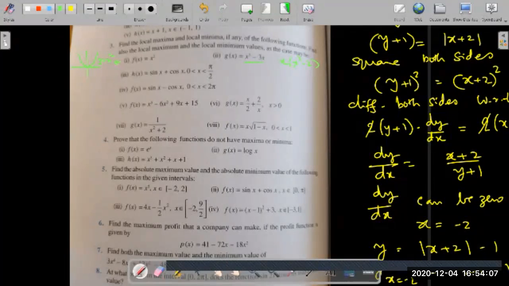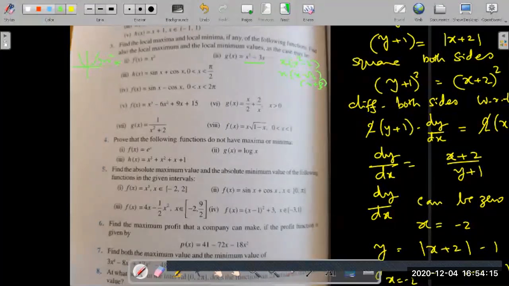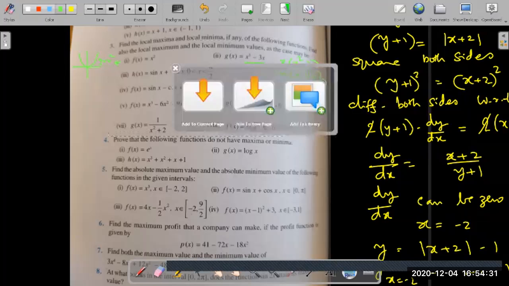Then this x squared minus 3 can also be written as x minus root 3, x plus root 3. So like that, at three places it will cross the x-axis. But our method is to differentiate and do the things. Basically we don't do the graph. We have to differentiate and then find out local maximum, local minimum.